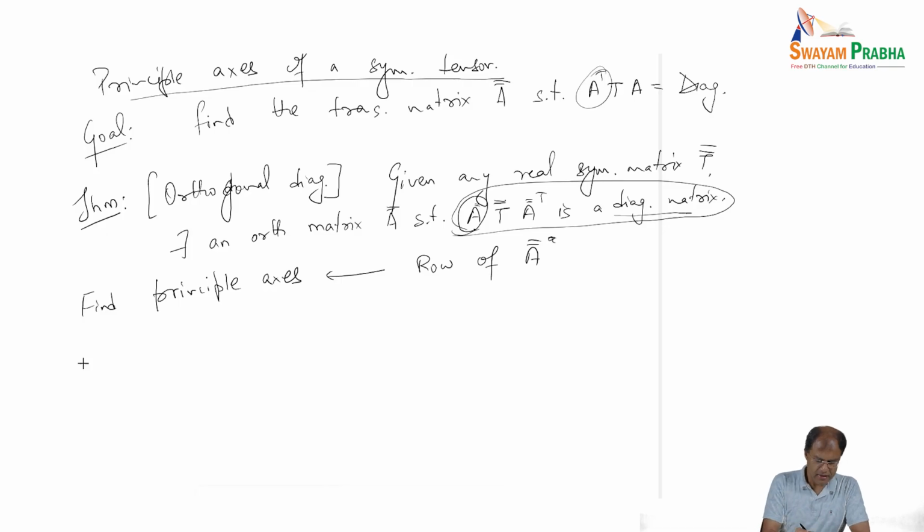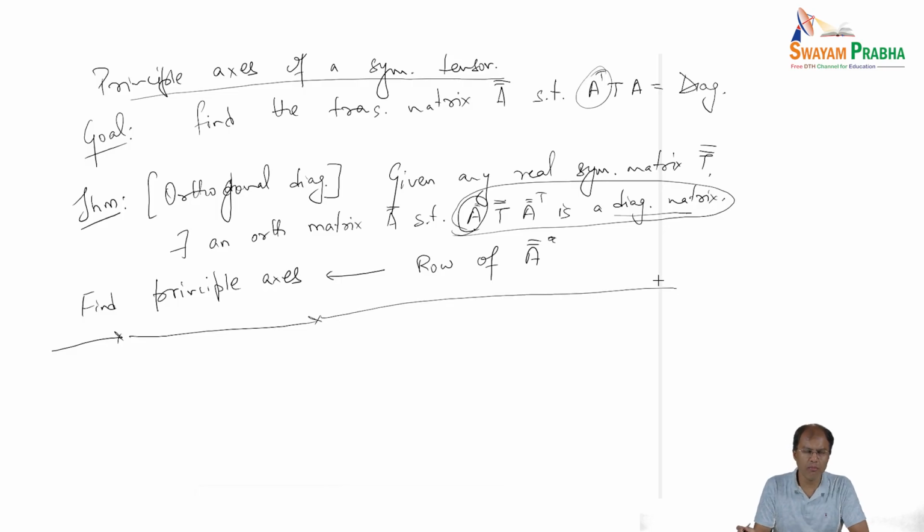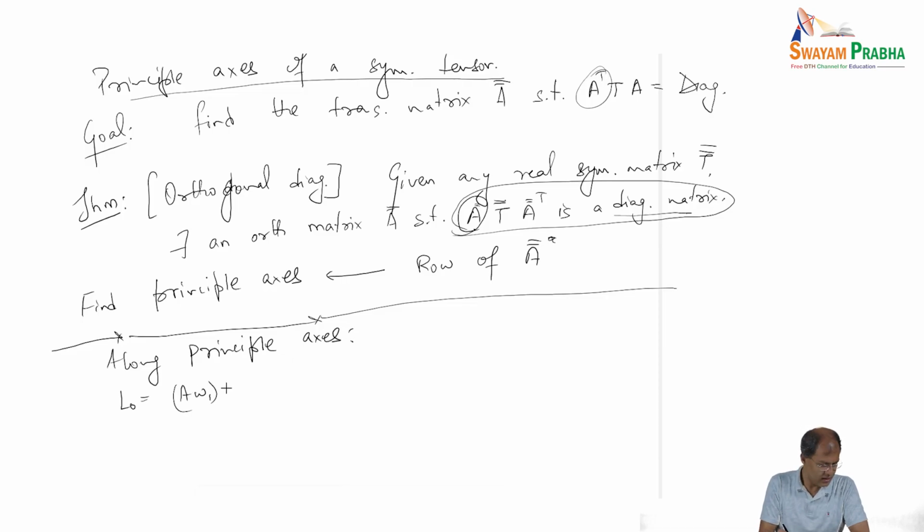And then if we were to see what happens to the expressions for the angular momentum and the kinetic energy along the principal axis, we see that L0 is A omega 1 E1 plus B omega 2 E2 plus C omega 3 E3.